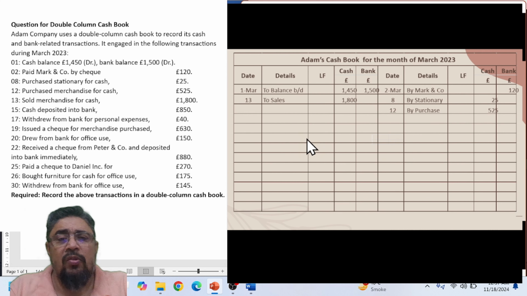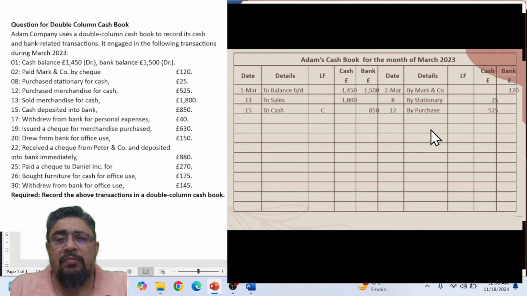So this is a contra entry. On the debit side, we will write 15th March, and the amount in the bank column, 'To cash'. In the ledger folio, we will mention C. C means contra entry.